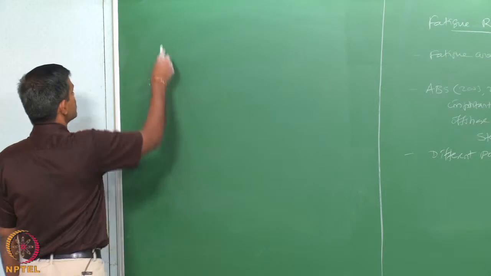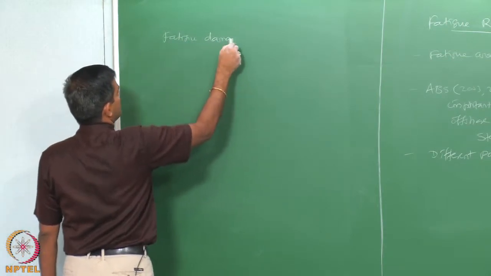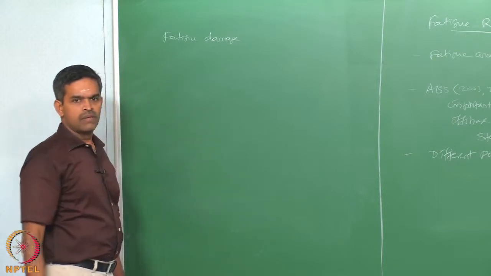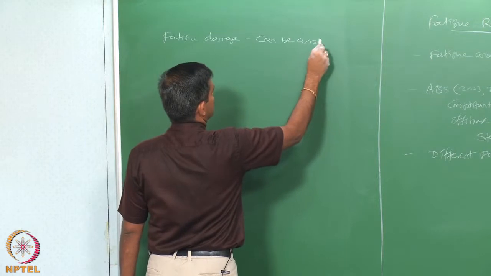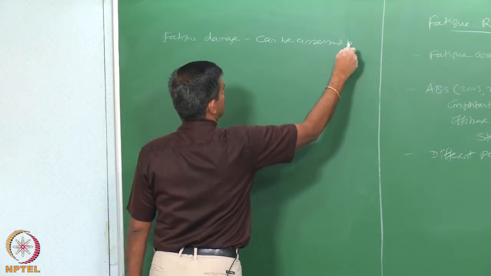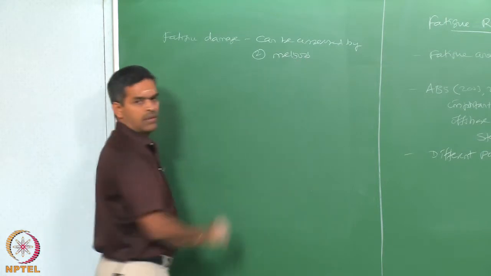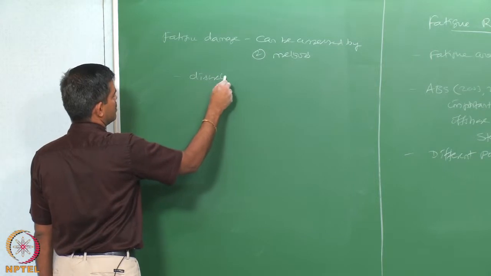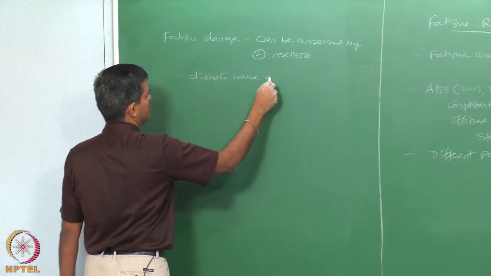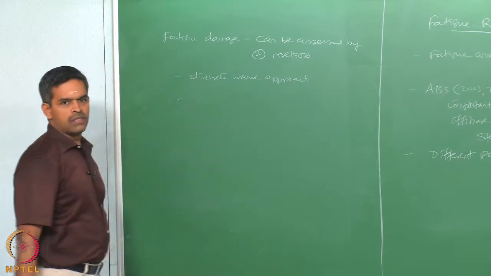So, one is interested in understanding or identifying what we call fatigue damage. This can be assessed by two methods. One is the discrete wave approach, as we said in the beginning. Other could be the spectral approach.